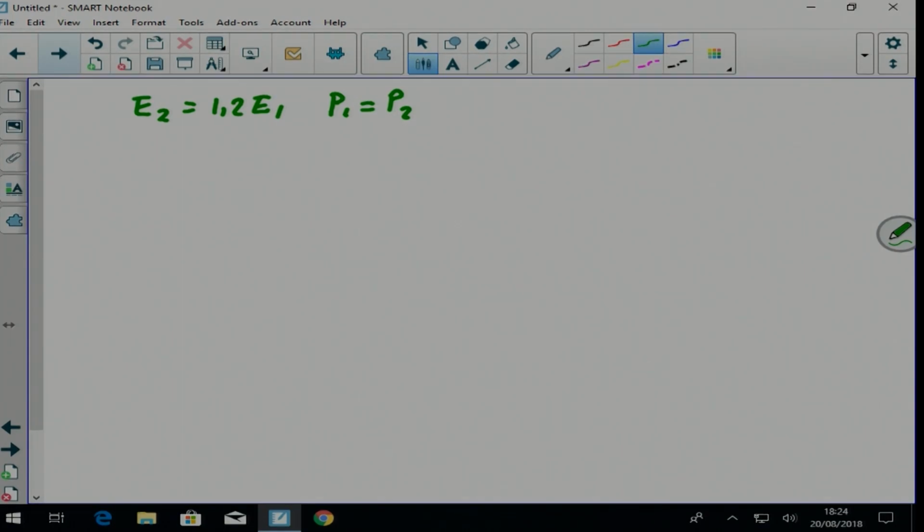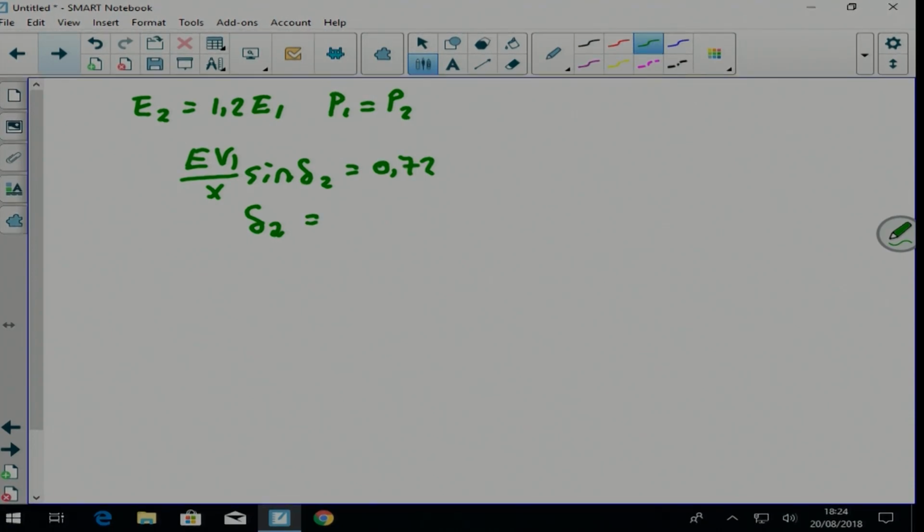So therefore we can say that E2 V over X sine delta 2 will be equal to 0,72. And if we calculate delta 2, we find that it is 30,7 degrees.